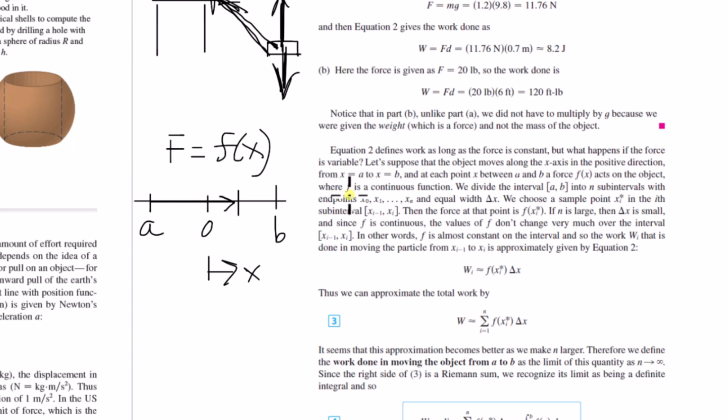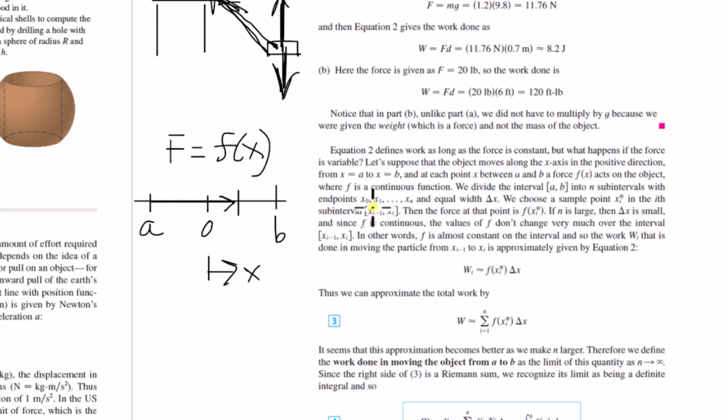All right, so we've got this force as a function of x. How do we calculate the work done with this variable force? We divide the interval a b into n subintervals with endpoints. This is the definite integration process. We're dividing the interval from a to b into n subintervals, and that's how we set up the integration.